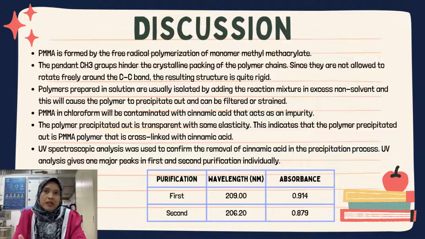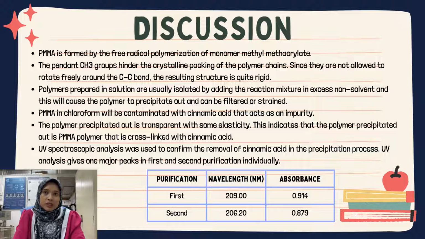First, PMMA in chloroform will be contaminated with cinnamic acid that acts as an impurity. The solution mixture will be added drop by drop into the methanol. This will lead to the formation of the precipitate. Cinnamic acid is added during the polymerization process of PMMA as a cross-linker, which can increase the elasticity of the PMMA polymer.